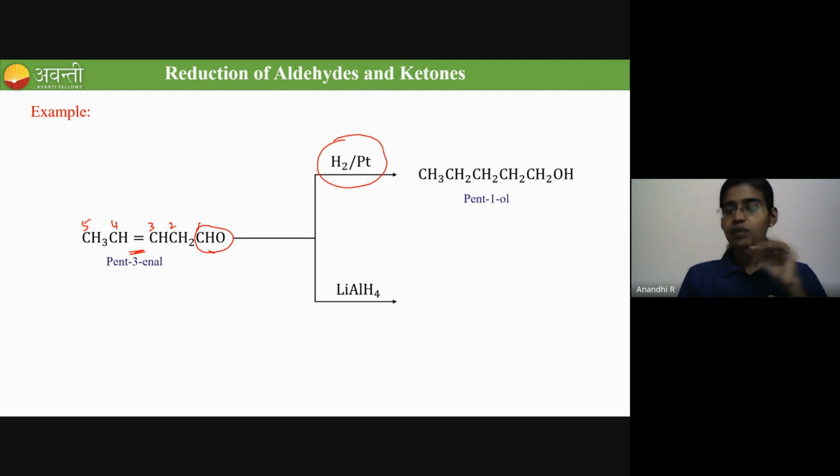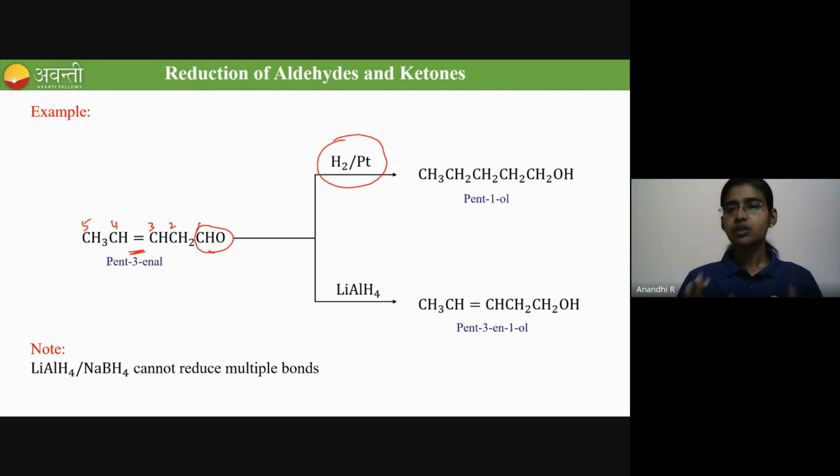Hydrogen is reducing both the aldehyde part and alkene part. But this lithium aluminium hydride, you see, it is able to reduce only the aldehyde part. Got it? Means lithium aluminium hydride and sodium borohydride cannot reduce double bond or triple bond. That is, it cannot reduce the multiple bond system. Got it? It can reduce only the aldehyde and the ketone carbonyl system.